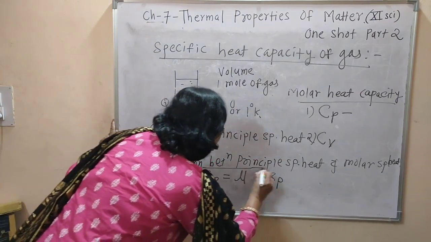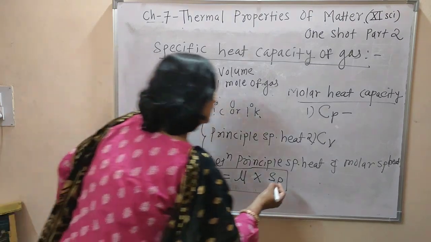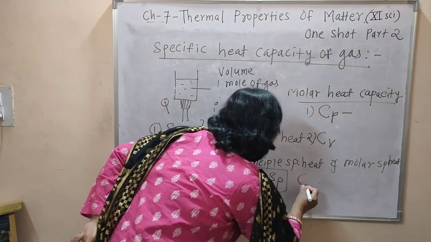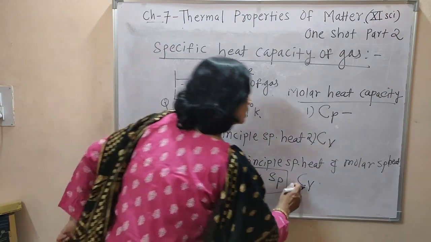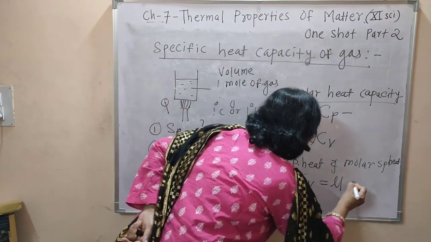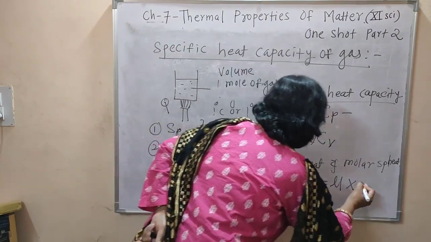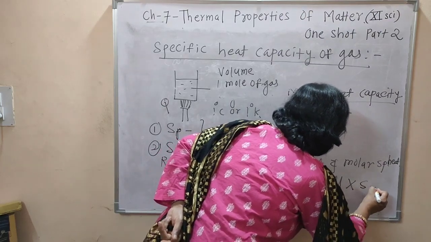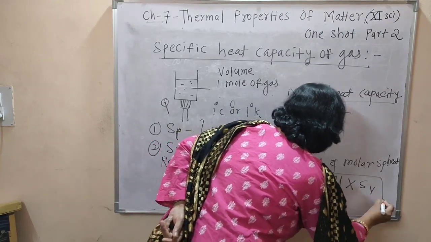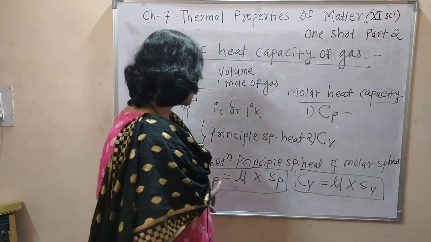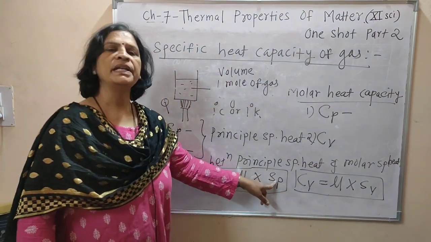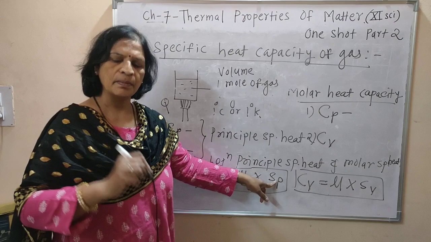This is the relation at constant pressure, and in a similar manner the molar specific heat capacity at constant volume is equal to molecular weight into principal specific heat at constant volume, and this is the relation between the molar specific heat capacity and principal specific heat capacity.